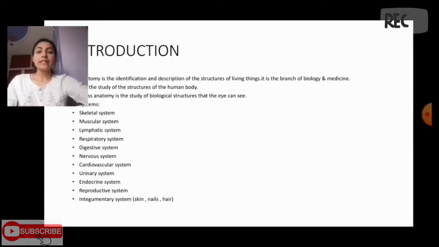Certain systems come under gross anatomy, which include the skeletal system, muscular system, lymphatic system, respiratory system, digestive system, nervous system, cardiovascular system, urinary system, endocrine system, reproductive system, and integumentary system, which includes our skin, nails and hair.